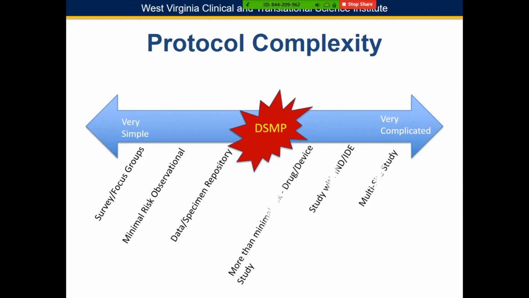But once we go more complicated, it's more than minimum risk. You're looking at a drug or device study. You might be looking at a study with an IND or an IDE. If you're looking at a multi-site study, so once again, going to a very complicated protocol, you would want that DSMP.